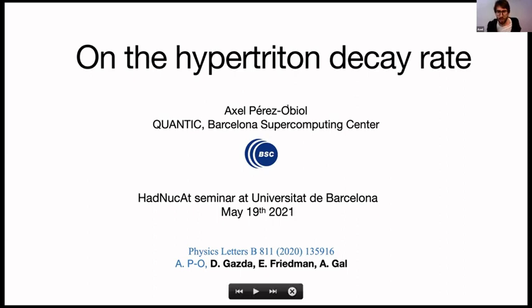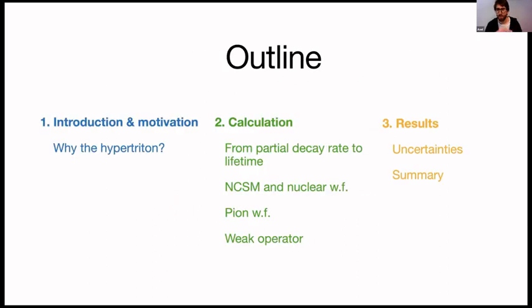And yes, this talk is also on the Hypertriton lifetime, but our approach is quite different from the previous talk, and so are our insights. So I think it complements very well the previous talks, both theory and experiment. I will spend most of this talk on the details of the calculation: what are the relevant effects, namely the final state interactions; in the weak operator, we will also consider the sigma weak vertex; and how we model the wave functions, and in the first place, how we tackle this problem.